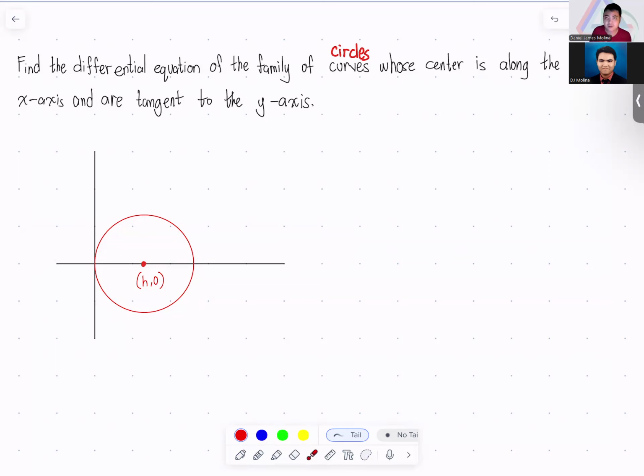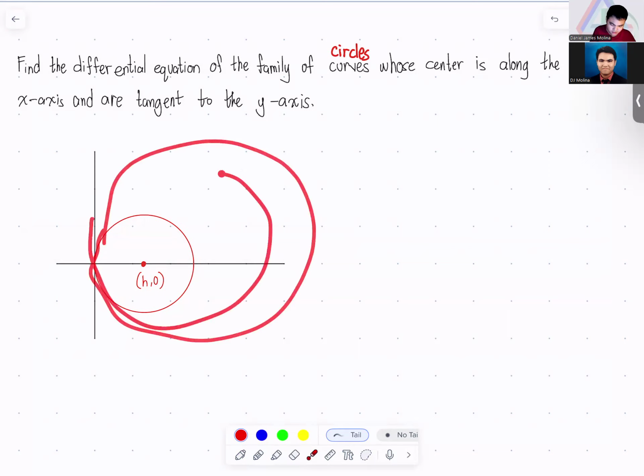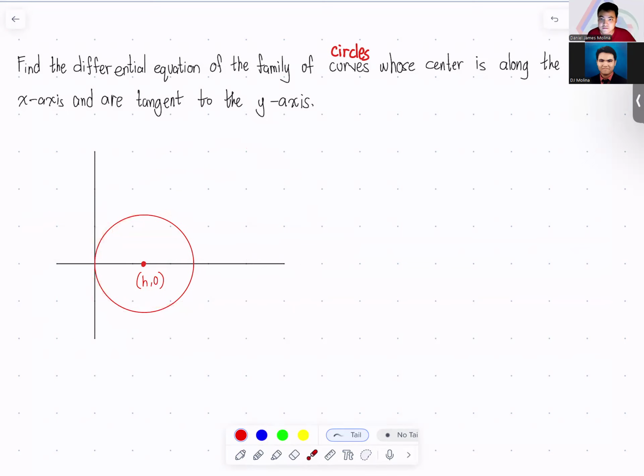So we actually have an infinite collection of these circles. We can draw here, here, we can draw on the other side, and so on and so forth, right? But we just have to consider one. Now, if we have a circle that is tangent to the y-axis, wherein the center is along the x-axis, we can actually conclude other geometric properties.